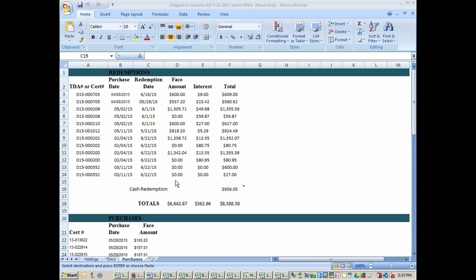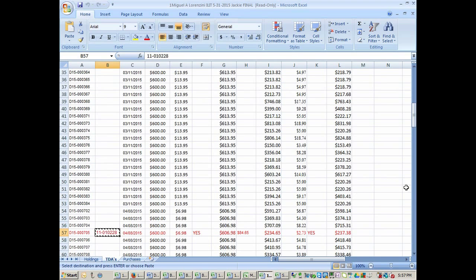So let's start up at the top here, with the first TDA that was redeemed. Everything looks okay here. You've got the purchase date, the redemption date, face amount, interest, and totals. The next step, of course, we want to go over to the TDA page and look that up.